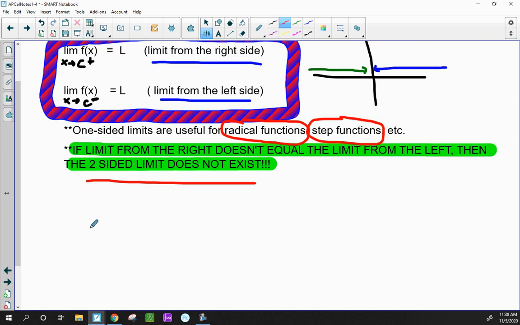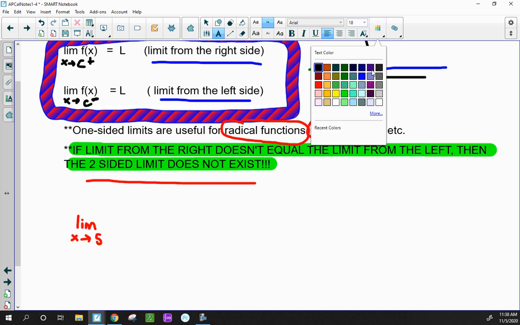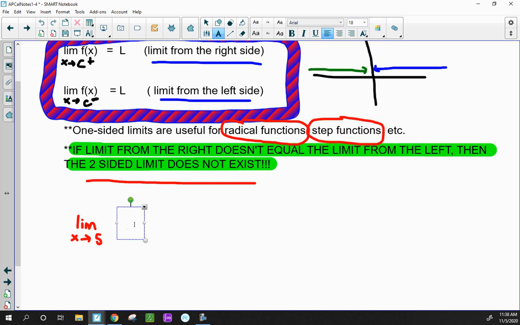And just to make sure that you understand, we have been dealing with problems where I just say x is approaching a number, or the textbook would give you a number. When you see a plain number with no sign, that is a two-sided limit. But when you see the plus sign, that's a one-sided limit.